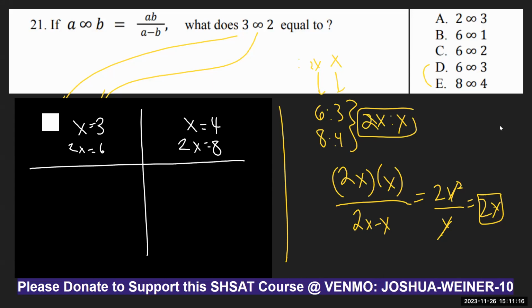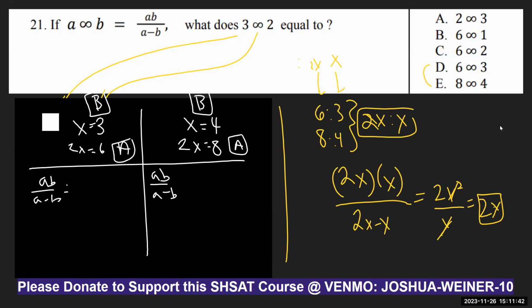Well, using the rule AB over A minus B, now we have 3 and 6. That will be our A and our B, because x is B, and then this would be A, conversely.